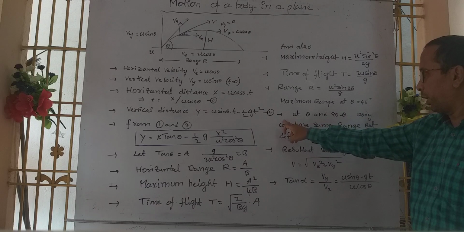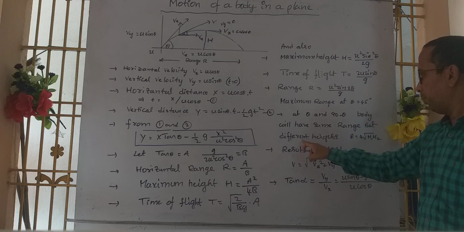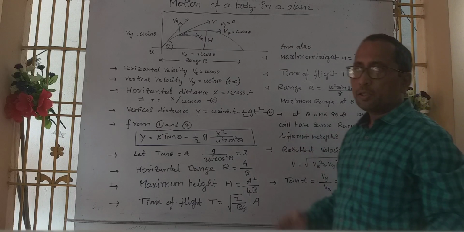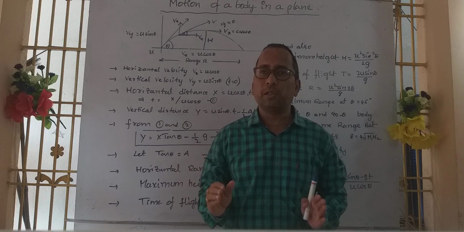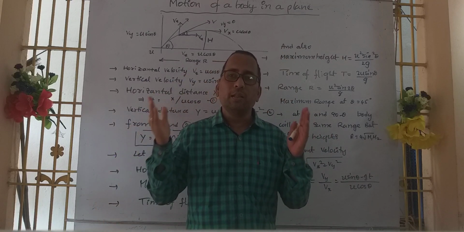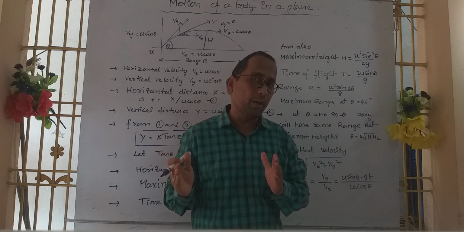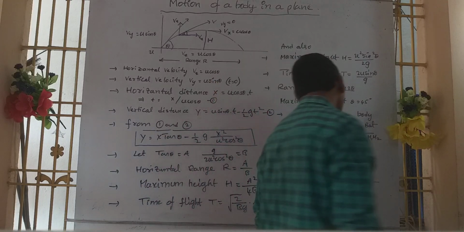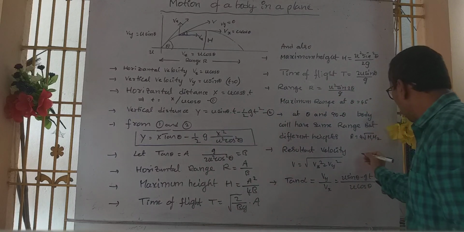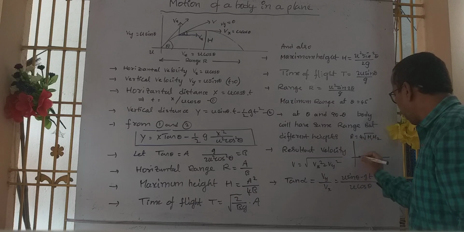And next point, at theta and 90 minus theta, the body will have the same range but different heights. Suppose two bodies are projected with theta angle and 90 minus theta angle, they attain the same range but have different maximum heights. Here is a small diagram for your understanding.